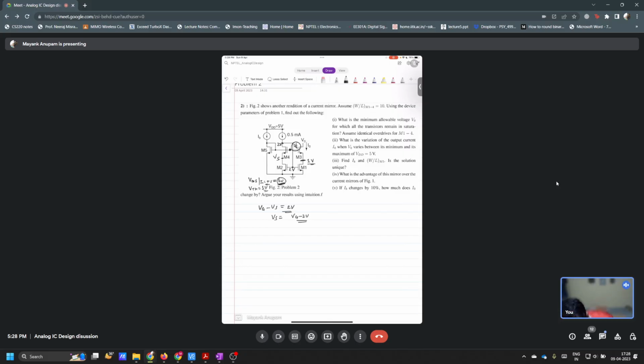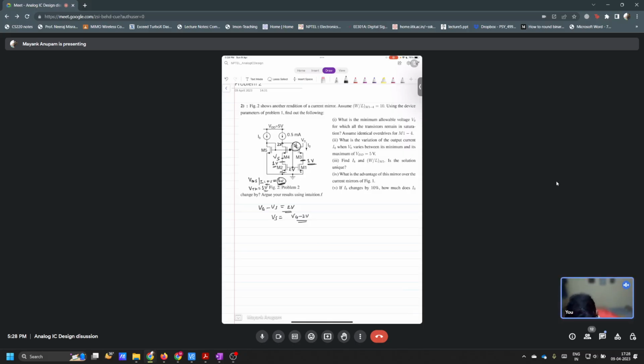Now if it is 1 volt, we have to have that 1 volt here also at M2 drain, right? Because M1 and M2 are the same, correct? So this also can go a minimum of 1 volt only, right?